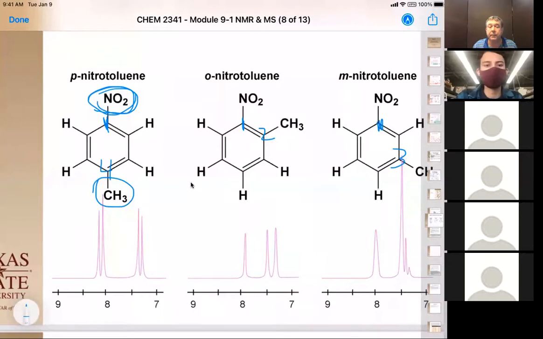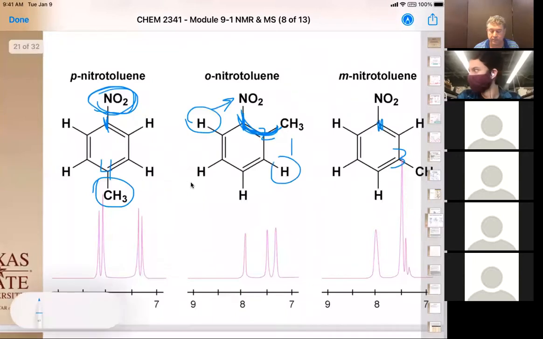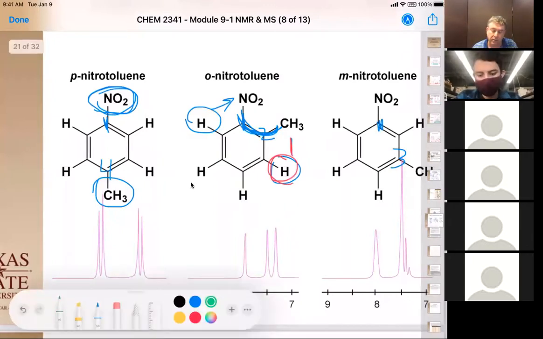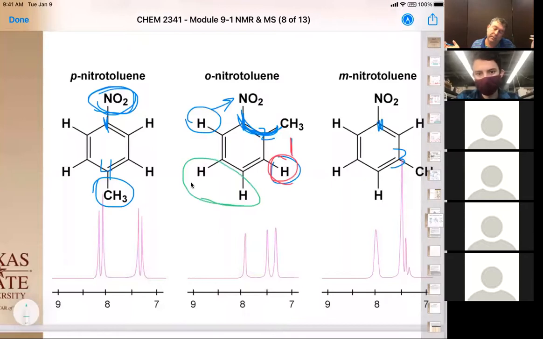Now, with the 1,2 substitution, this hydrogen is very different than this one because of what they're nearby and what the inductive effect is there. But these are about the same because they're far enough away to be less affected. So what we typically end up with is 3 peaks in this ortho substitution.